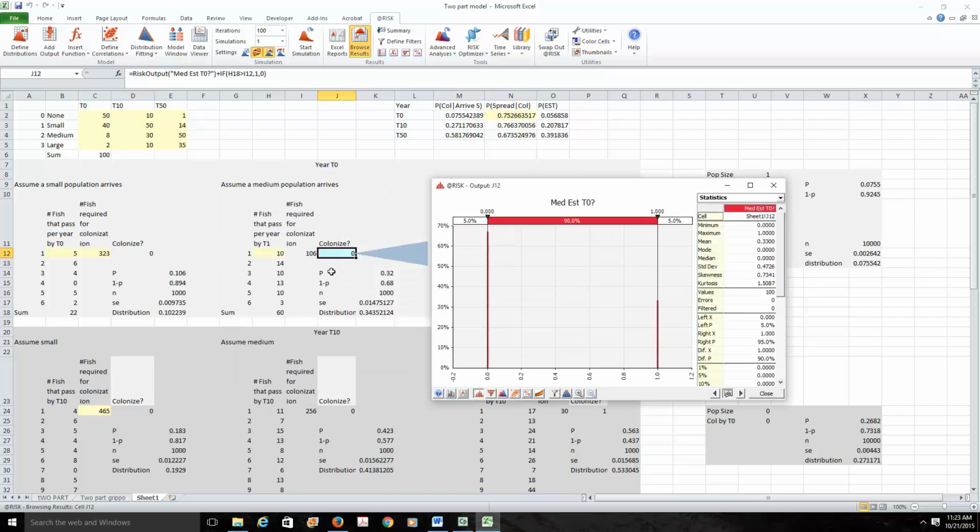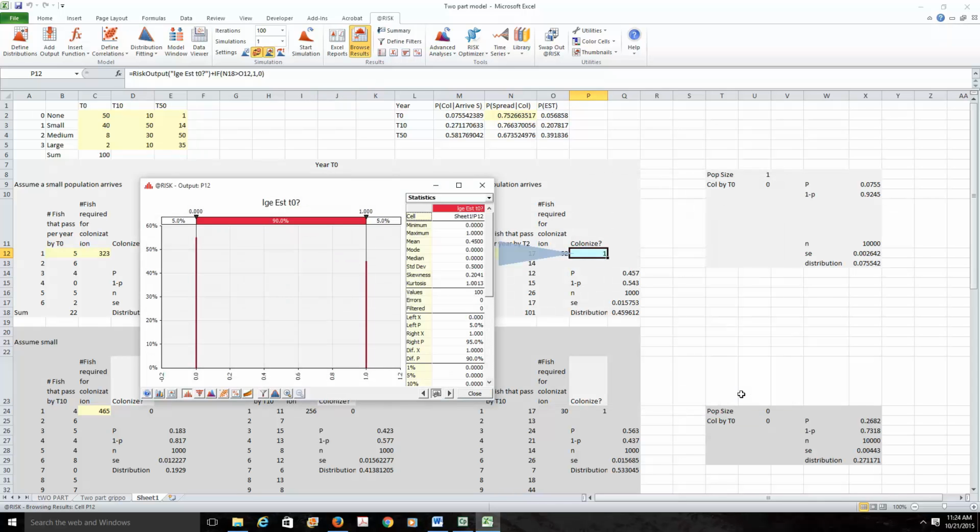Over here, we would see that there were 33 instances of colonization when we had a medium population pushing the fish through. So there would be a 33% chance of colonization. And with the large population pushing, there were 45 instances of colonization. So the probability is 0.45.